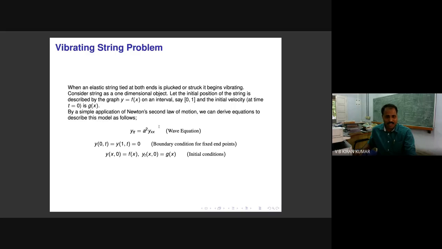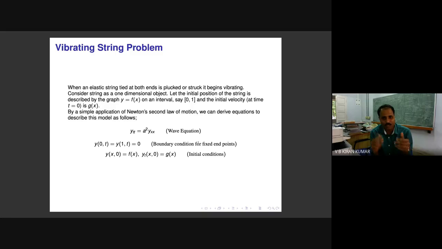And we assume that y(0,t) equals y(1,t) equals 0. That is the boundary condition. Once you fix the endpoints 0 and 1, there is no motion at the ends. Therefore y(0,t) and y(1,t) will be 0.